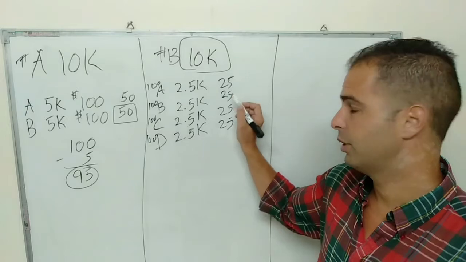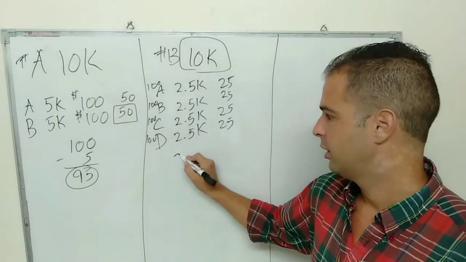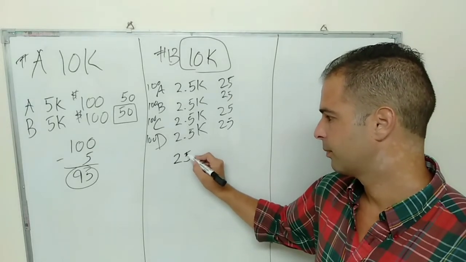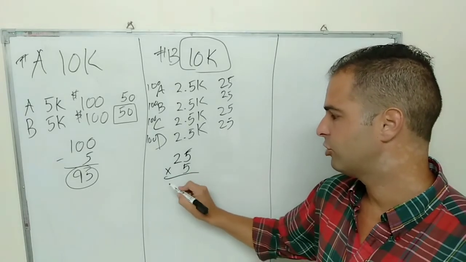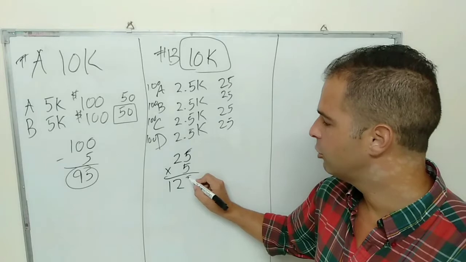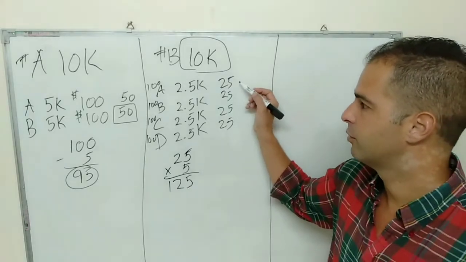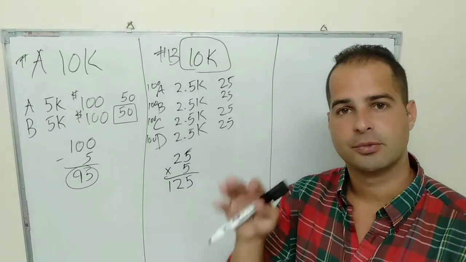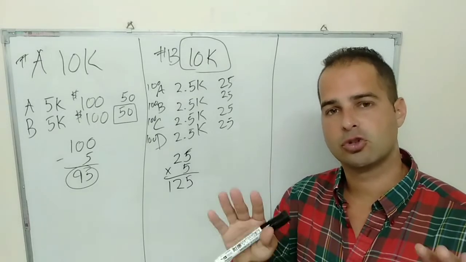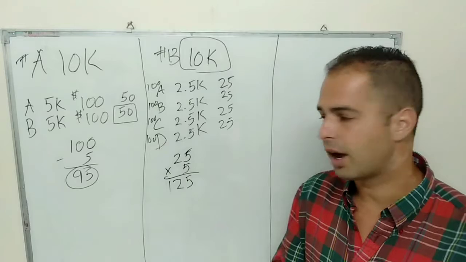Because you only have 25 of each stock, if you have 25 stock and you lose $5, that means that your total loss will be $125 for stock A. You have 25, you lose $5. You lost a total of $125 for all the stocks.